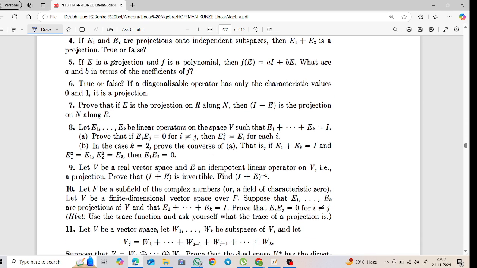What about this? If E is a projection and F is a polynomial, then F(E) is this.